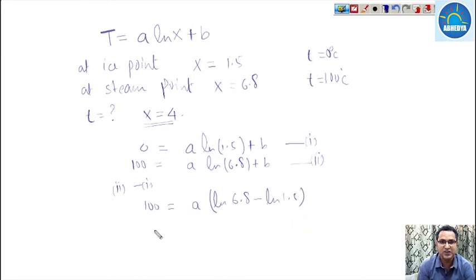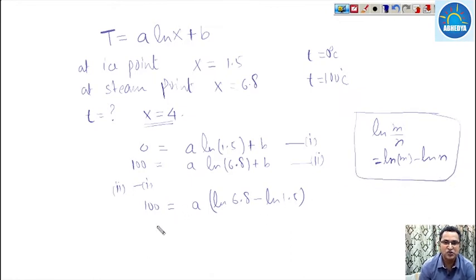B will be cancelled out, and we know that log m upon n will be equal to log m minus log n. I hope you people know it very well.